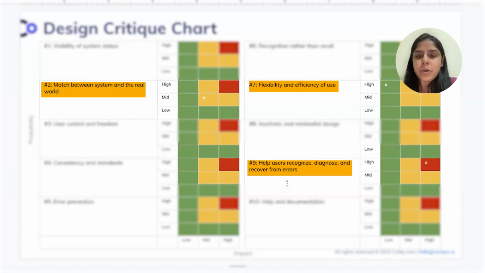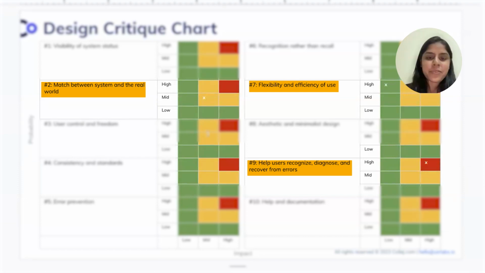And the problem here was that they were not able to go back to their path from where they started. Second is flexibility and efficiency of use, where the users are not guided with the process. Third is match between system and real world, which is of medium impact and medium probability, as we're not aligning with this.